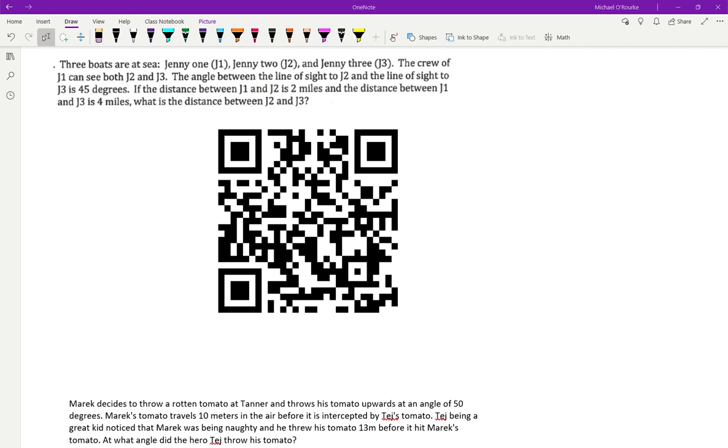The measurements are right. The angle is beside J1. Because if you think about it, if you were sitting on the front of a boat, and if you pointed your right hand at one boat and the left hand at the other boat, that's the angle they're talking about. So if you're standing on the front of your boat, think about Titanic, but don't have your boat sink. Point at one boat this way and point at one boat that other way.